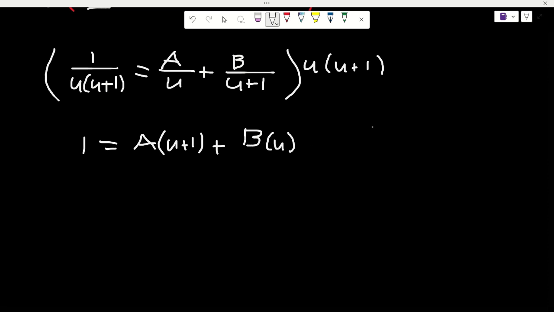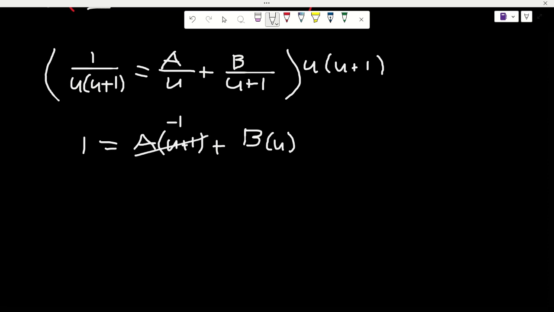So let us equate u is equal to negative 1, because if we let u is equal to negative 1, then this will become 0, because negative 1 plus 1 is 0, and a times 0 is simply 0, right?